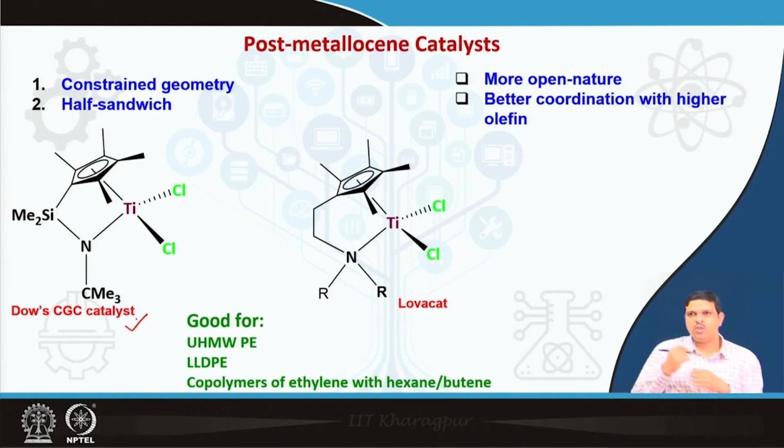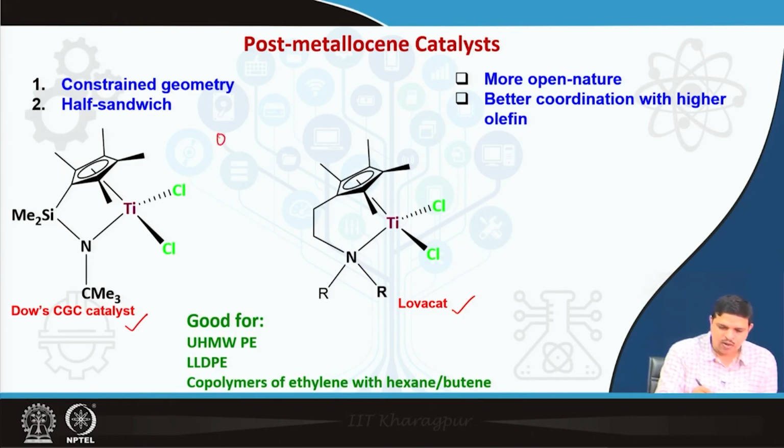That CGC means we will discuss, that is the constrained geometry catalyst. Okay, the CGC catalyst. And the other one is the Nova catalyst, that is also very famous, and in all the cases you will see that one Cp is missing.